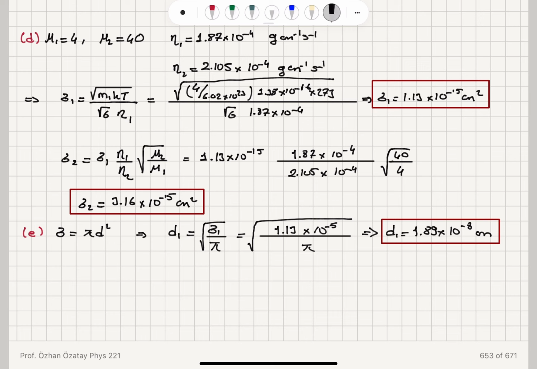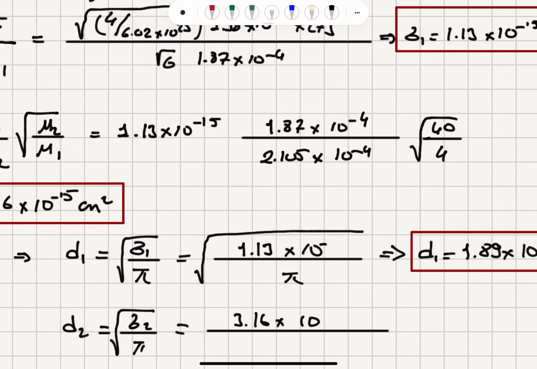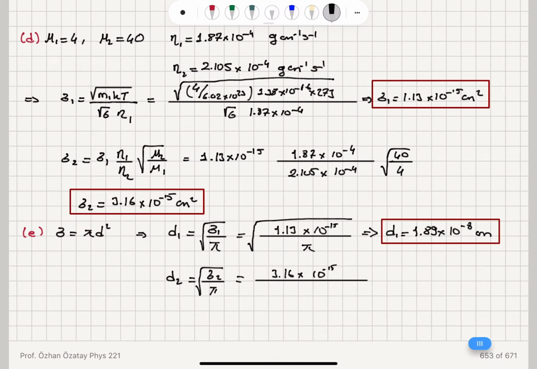And for the second one, d2, we have the square root of sigma 2 over pi. This is now 3.16 times 10 to minus 15, divided by pi, square root.